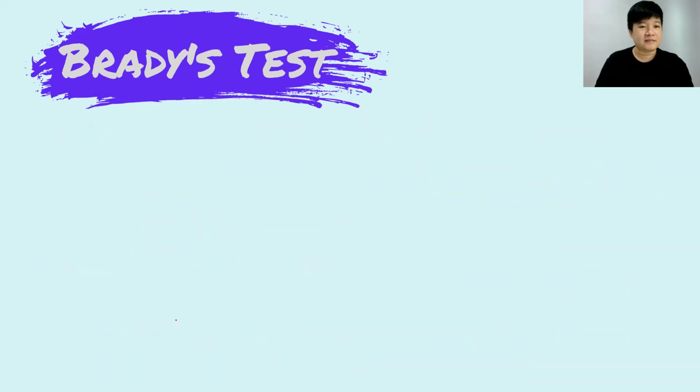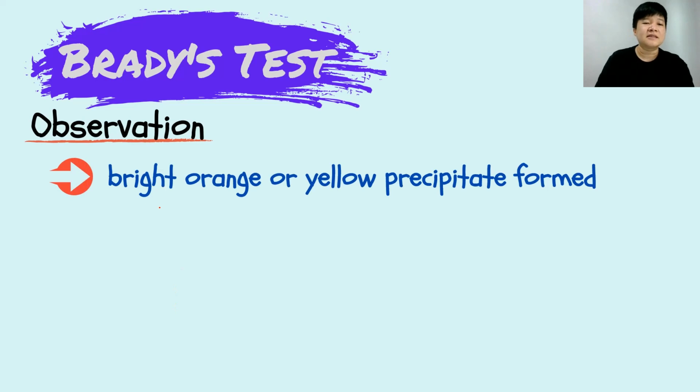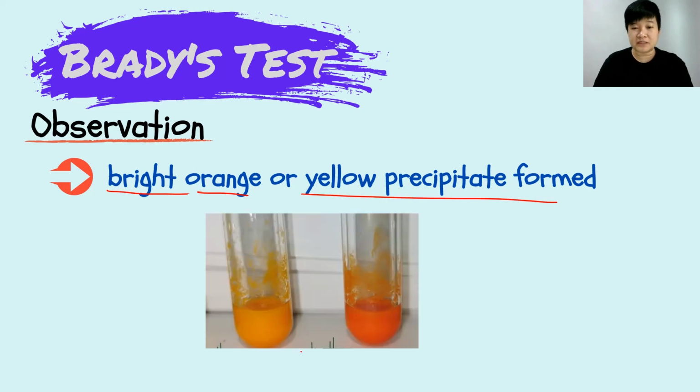Simple. Next, what is actually the observation for the Brady test? If it's a positive Brady test, then you will have a bright orange or yellow precipitate form. The color of the precipitate will be very bright, so that is an example of bright orange, and that is your example of bright yellow.